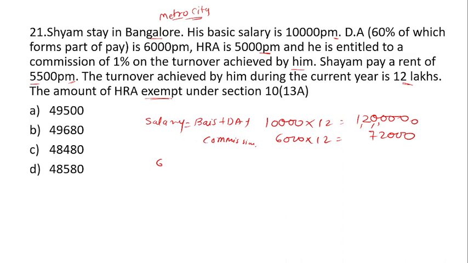12 lakh multiplied by 1%, that is 12,000.